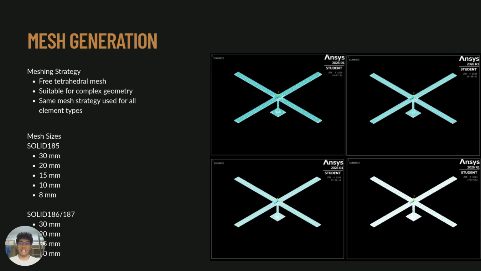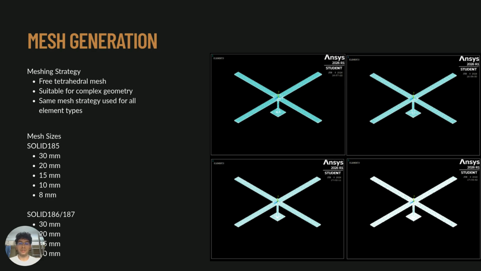Now, this slide illustrates the meshing strategy used throughout the study. A free tetrahedral mesh was selected because the helicopter rotor assembly consists of several connected three-dimensional components and contains geometric intersections that are difficult to mesh using structured methods.